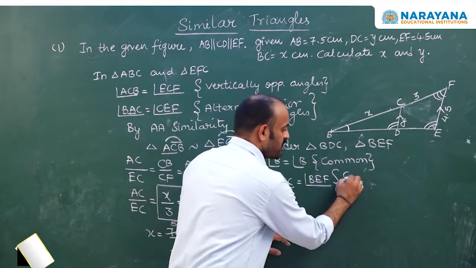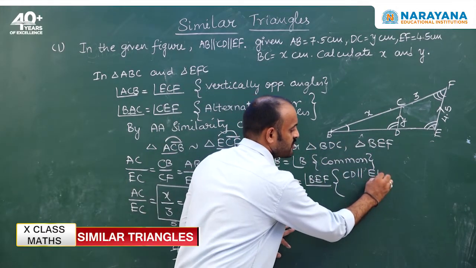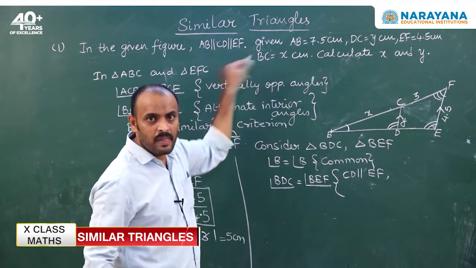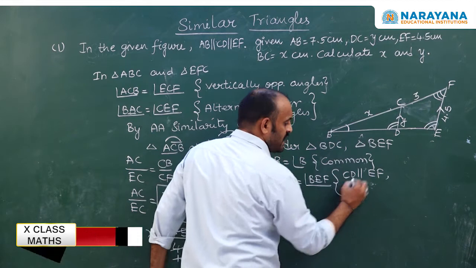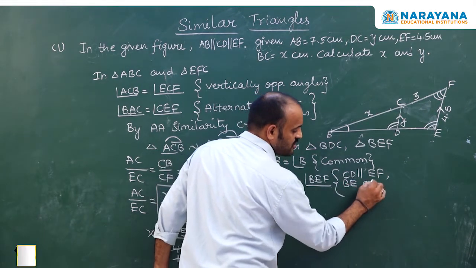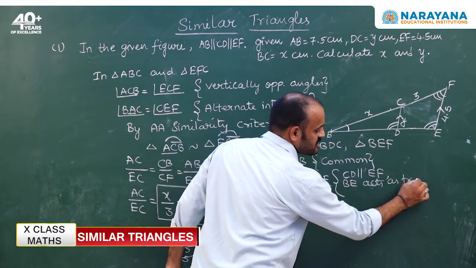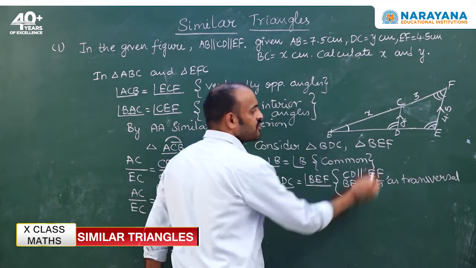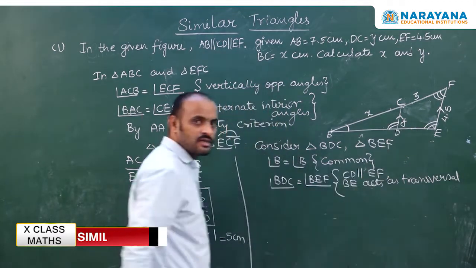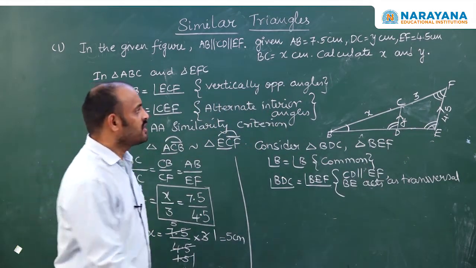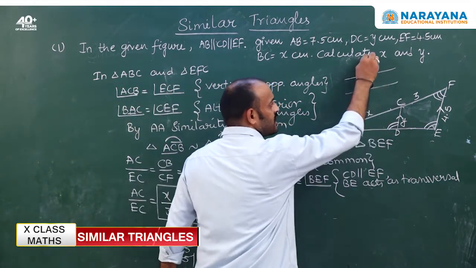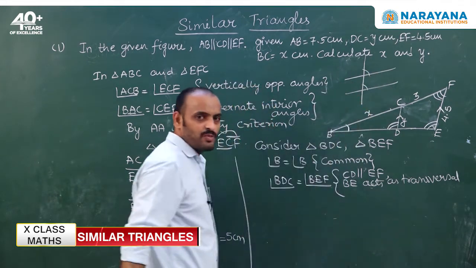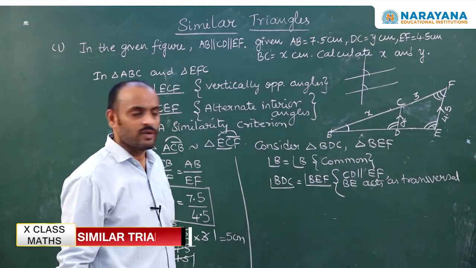As CD is parallel to EF, that is given in the question, and BE acts as transversal. Therefore, these two angles are what kind of angles? Corresponding angles. When two parallel lines are cut by a transversal, these two angles are corresponding angles and they are equal.